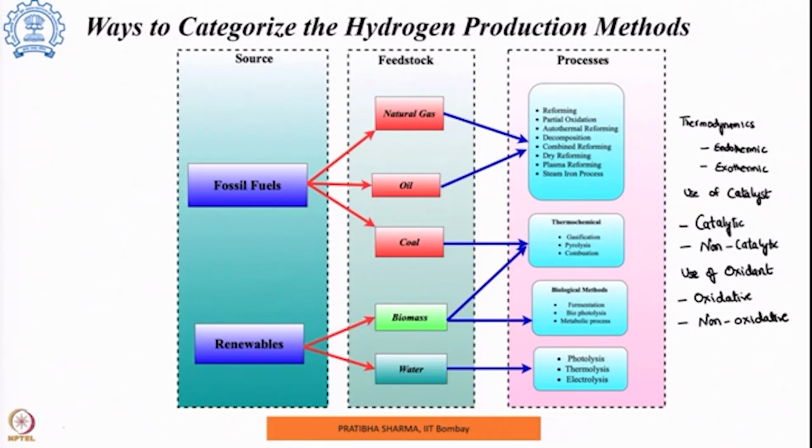If it has to be produced from water, then there are processes like photolysis with the help of light, thermolysis using thermal energy, breaking down water, or electrolysis using electricity. So, these are broadly the different methods for hydrogen production, and we will be looking at these in detail.